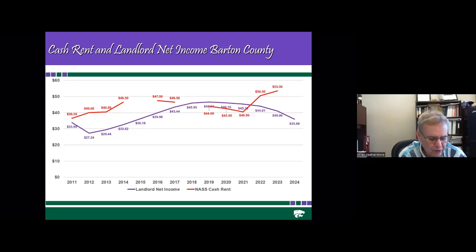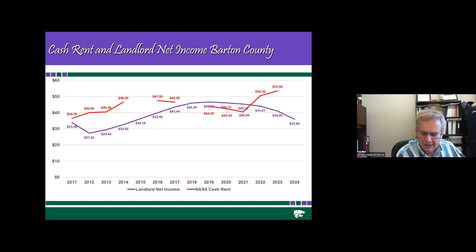Certainly that makes it more difficult to set mill levies in order to raise the income levels they need. But in terms of looking at this, at least in Barton County, there have been cases where the landlord net income ends up being higher than cash rent, and then cases where it is lower than cash rent.